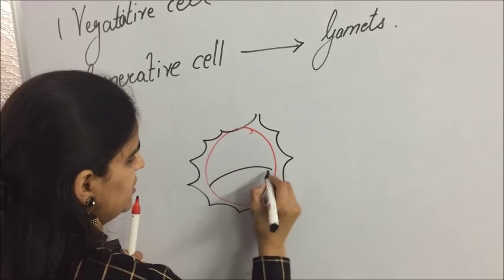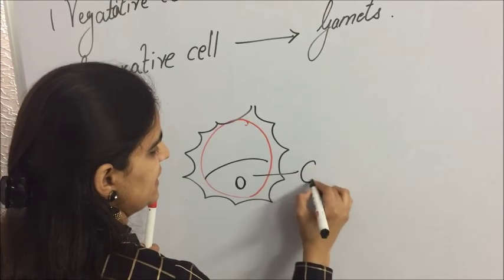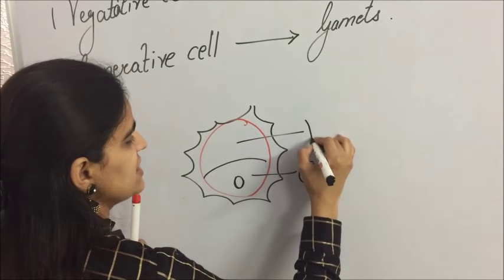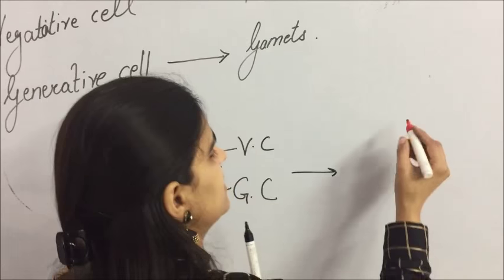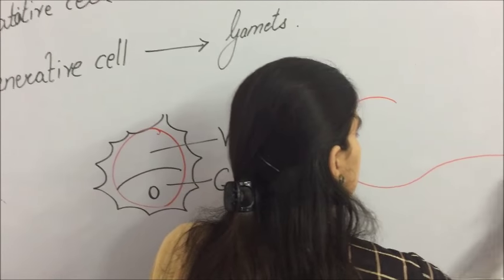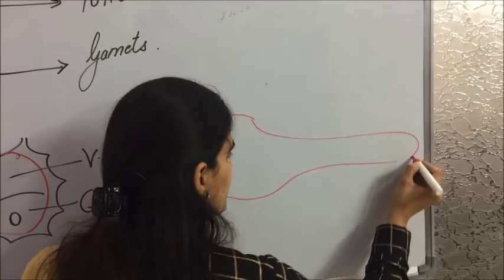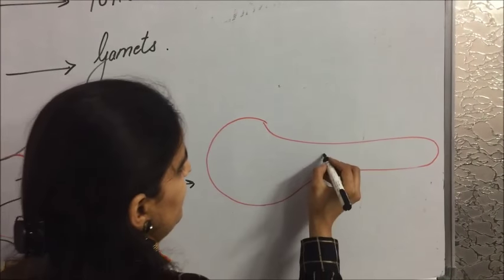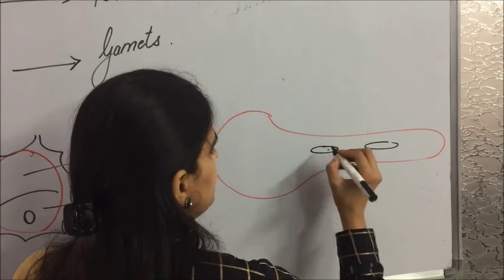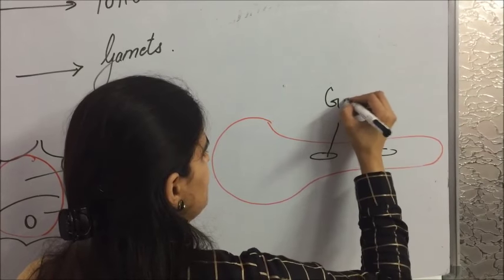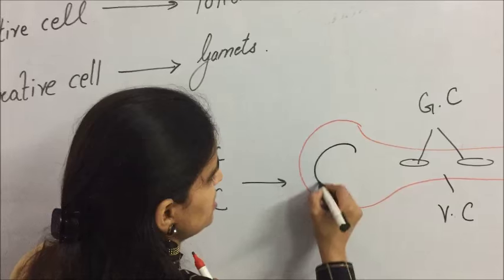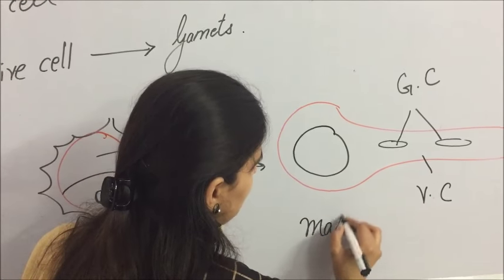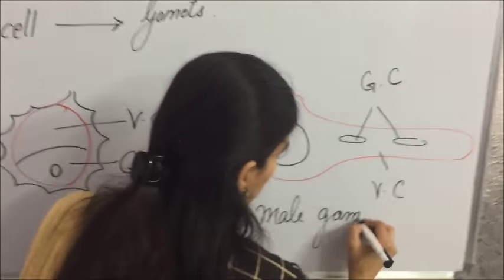That is the structure. That is a generative cell and that is a vegetative cell. These are formed by the generative cell and these are formed by the vegetative cell. This is the structure of the male gametophyte. You will remember this structure for reproduction.